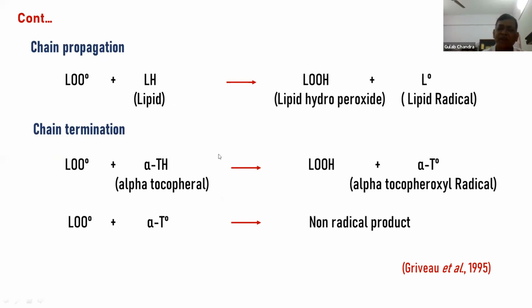But if antioxidants are present in the body, they neutralize the lipid peroxy radicals and form the alpha tocopherol radical, and this alpha tocopherol radical binds with the lipid peroxy radical to form a non-radical product. This means the antioxidant is beneficial to minimize or neutralize the free radical concentration in the body.